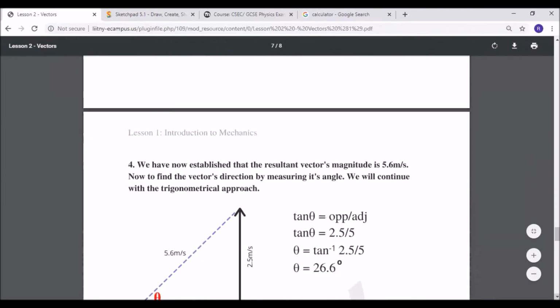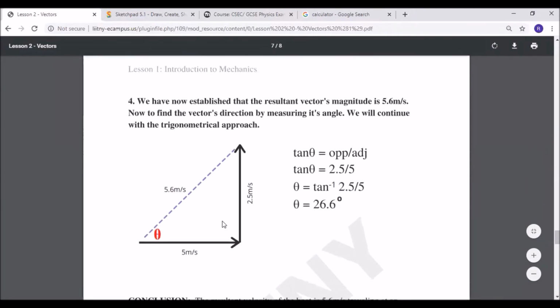So let's scroll down. So we have now established that the resultant vector's magnitude is 5.6 meters per second. Now to find the vector's direction by measuring its angle, we will continue with the trigonometrical approach. So we have the first two vectors that we started with here at right angles and their values, and now we have the magnitude of the resultant vector, which is 5.6 meters per second.